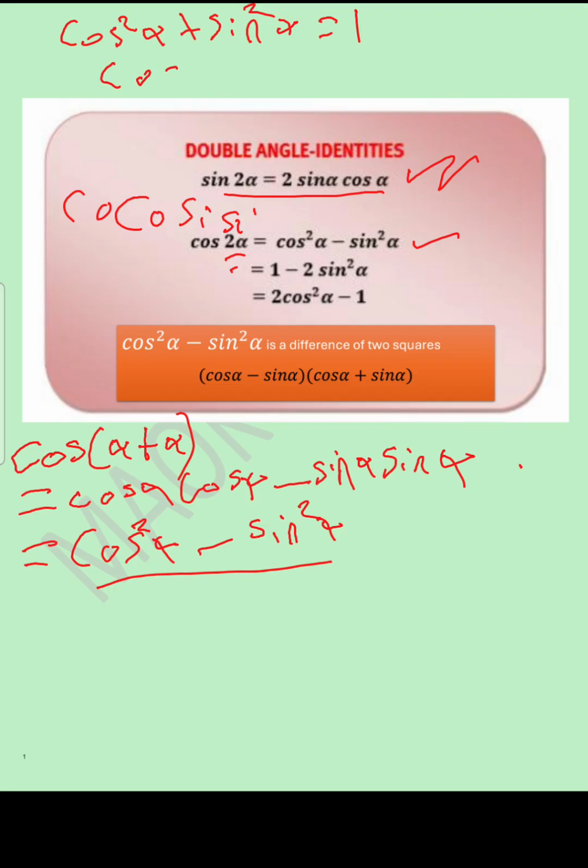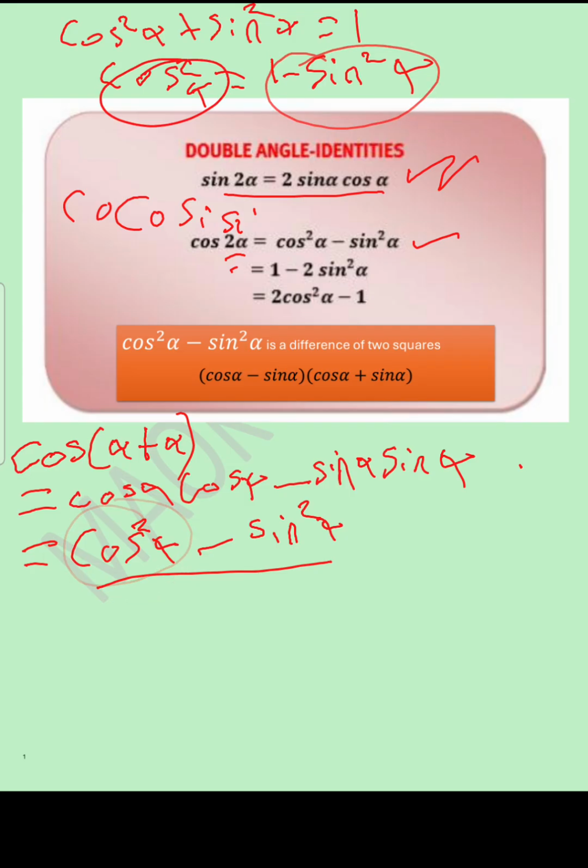Therefore, if I transpose sine, then cos squared alpha is equal to 1 minus sine squared alpha. So I'm going to replace this cos squared alpha with this. This is the same thing.